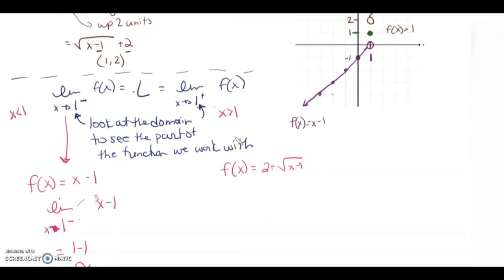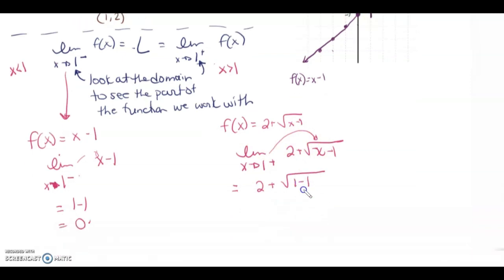All right, so let's do the actual limit of this function. So the limit as x approaches 1 from the right-hand side, we're dealing with this function. As soon as we sub in this 1, we no longer have to write the limit anymore. So 2 plus root of 1 minus 1. So we're going to get 2 plus root of 0, which goes away, which is just 2.